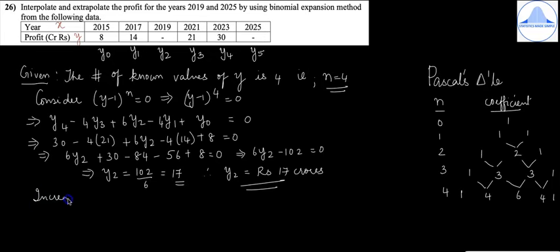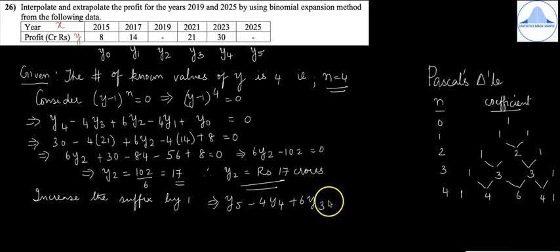Next, increase the suffix of y by 1. So consider this equation, you should increase only the subscripts but the coefficients will remain the same. So y5 minus 4y4 plus 6y3 minus 4y2 plus y1 is equal to 0.